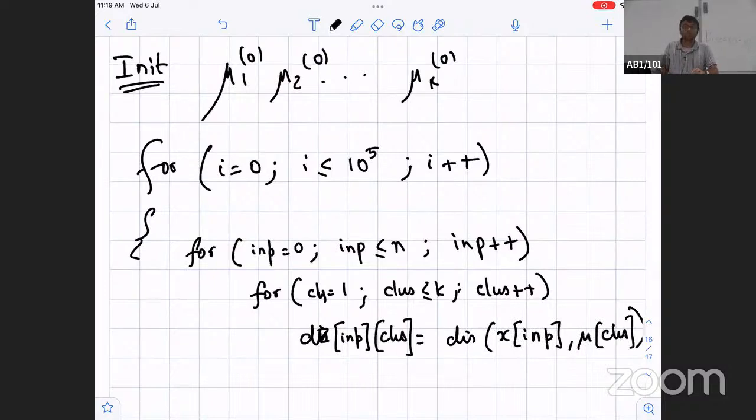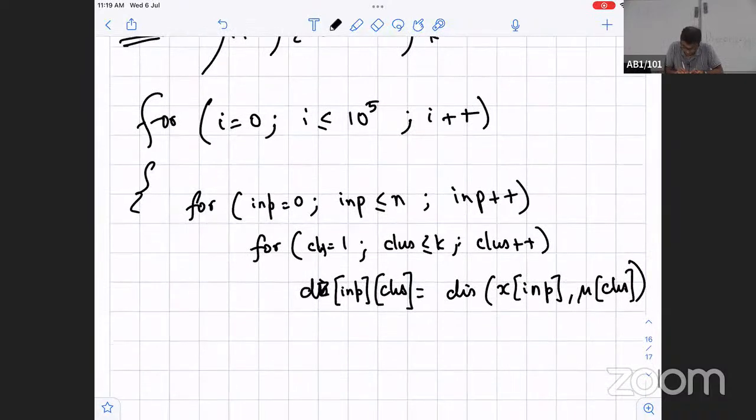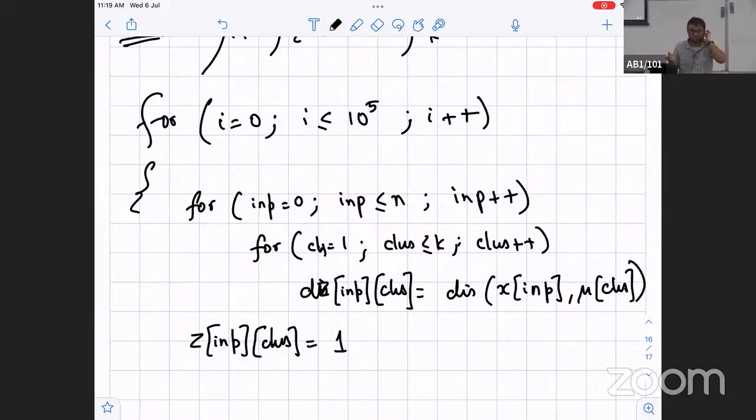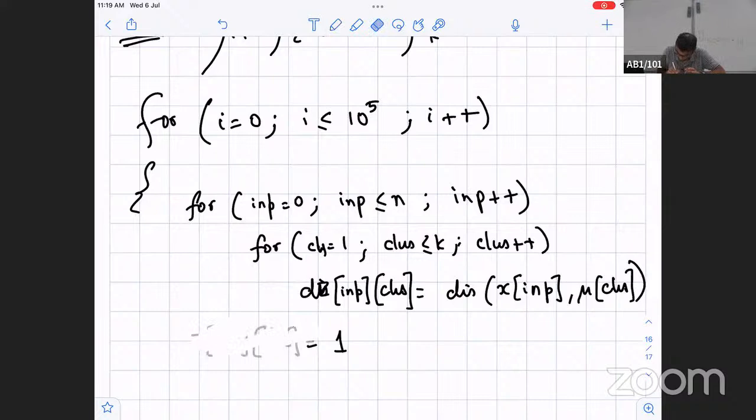So this I will do. And then finally, I will have z input cluster equal to 1 if it is the minimum. So that I will keep track of. So how do I do this? Let's see. I can look at which distance is minimum.